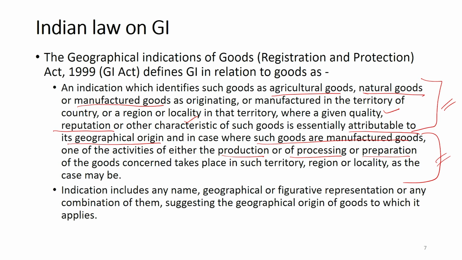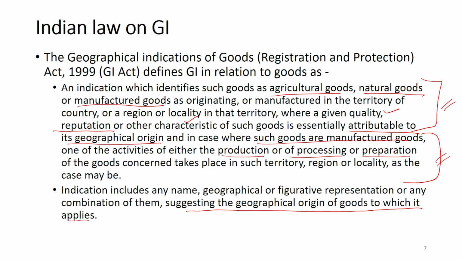I said it can be a geographical name or figurative representation, or it can be a combination of both. The basic idea is it will suggest the geographical origin of goods to which it is applied.